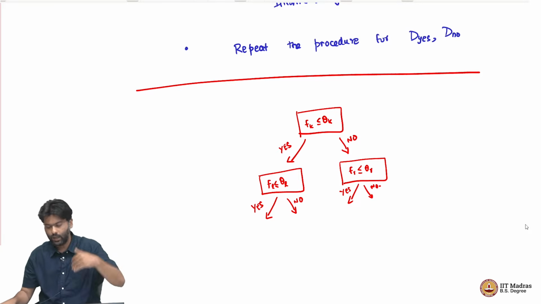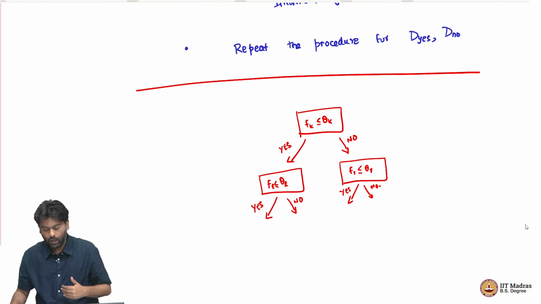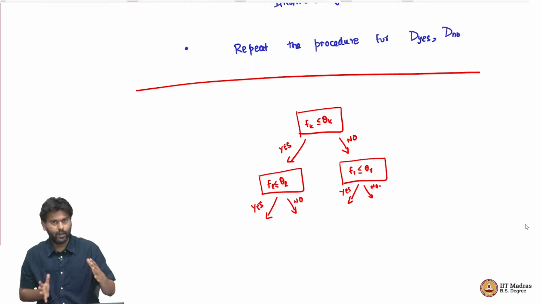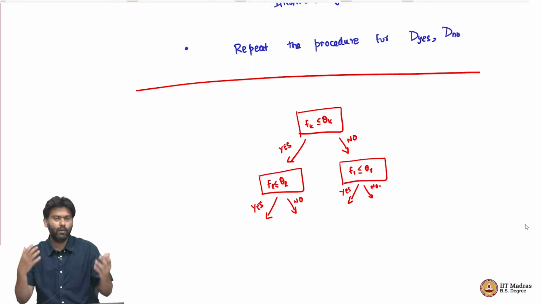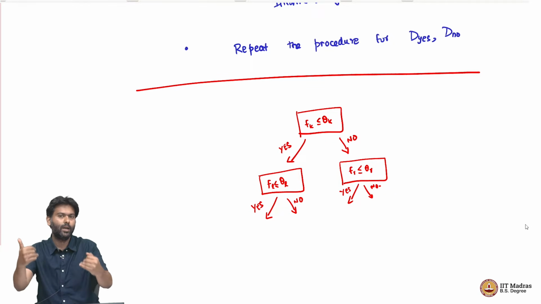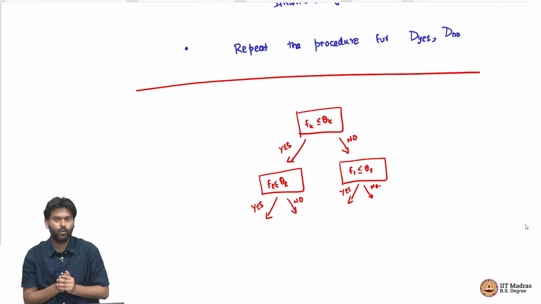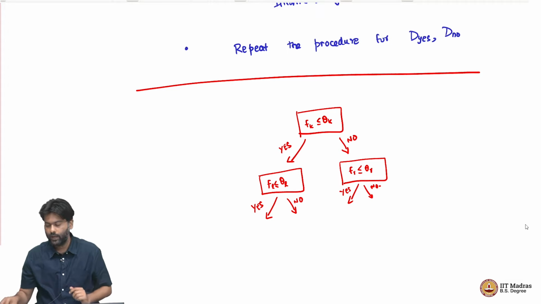So, you can keep going. So, this is how we build the tree, right. So, now here is a method where we can greedily keep building the tree as far as we want it to go. The question is, how far do we build this tree, right.